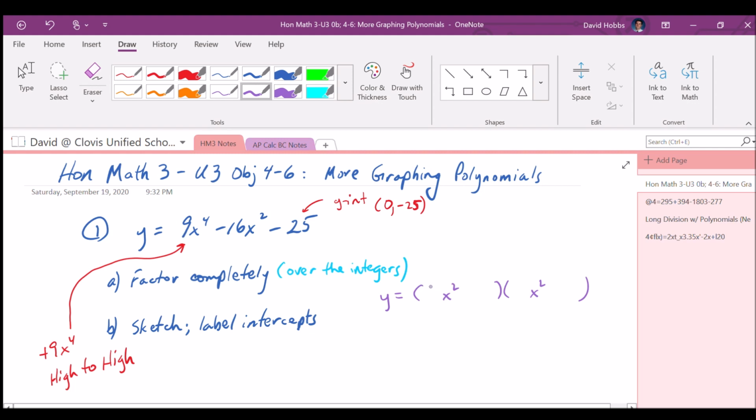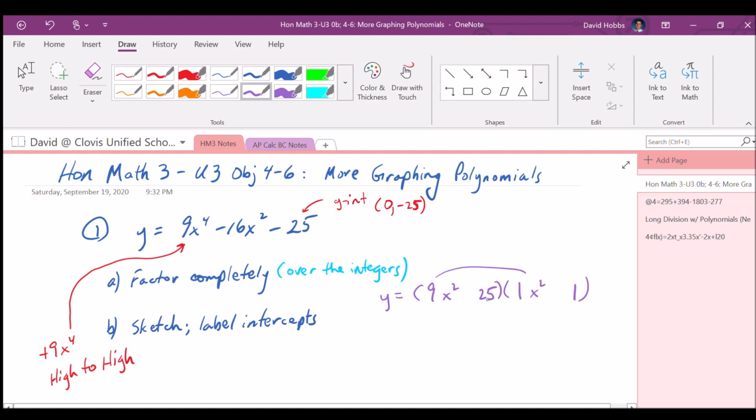It doesn't work. So 9x squared and 1x squared. Now 25 is either 1 and 25 or 5 and 5, and you can try 5 and 5. 5 and 5 doesn't work. So it's 25 and 1.